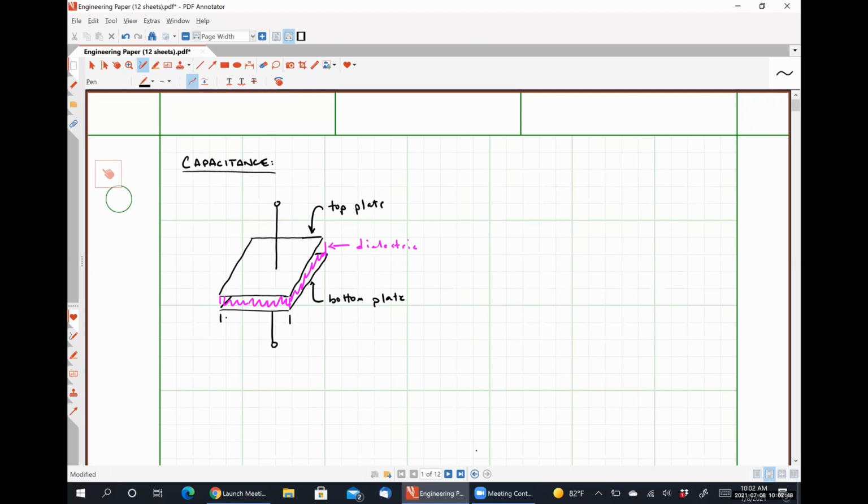So it has a particular width, like so. The distance separating the plates will denote with the letter D. And we can say that the capacitor has a particular length, L, as well. And these geometric properties will come into play in just a little bit.